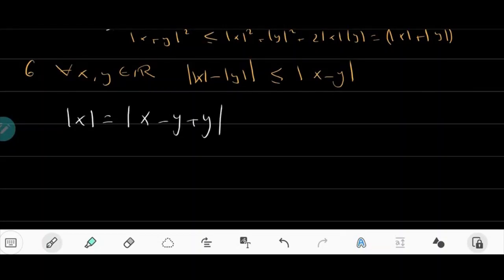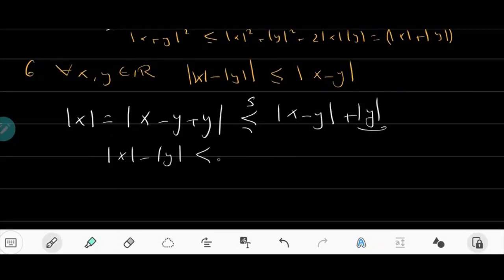So we didn't change anything. We removed y and then we added y, which is less or equal, due to the triangular inequality number 5, to the absolute value of x minus y plus the absolute value of y. Okay? So, which means that if we take this absolute value of y to the other side, we will have the absolute value of x minus the absolute value of y less than the absolute value of x minus y.